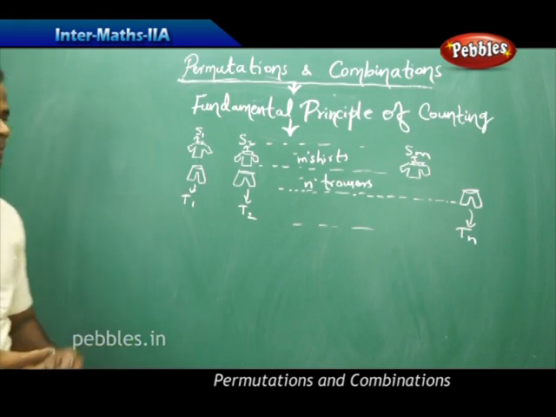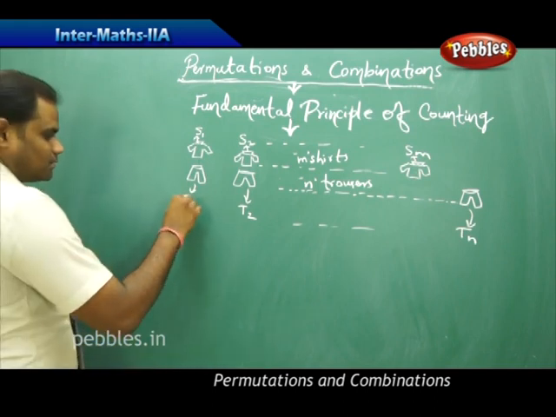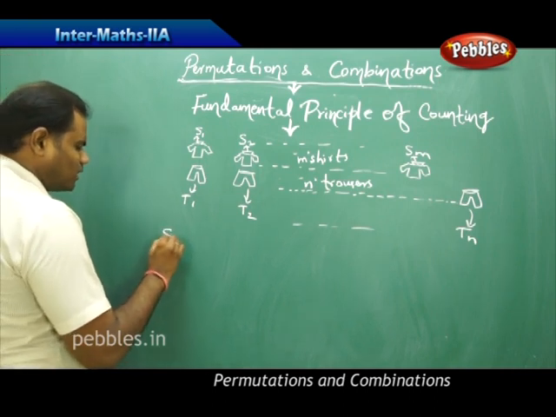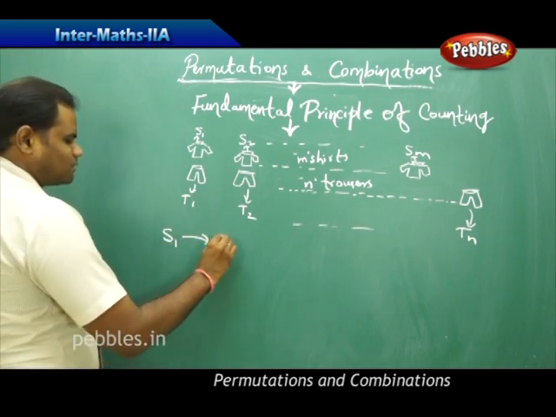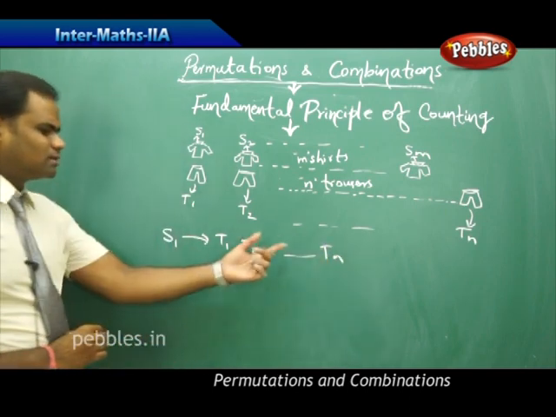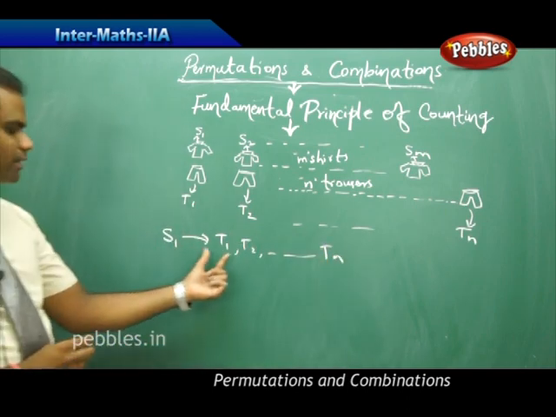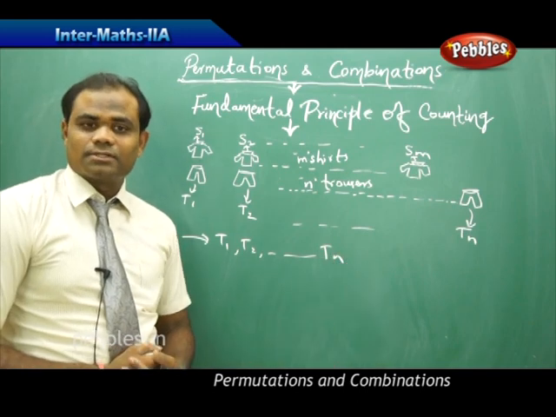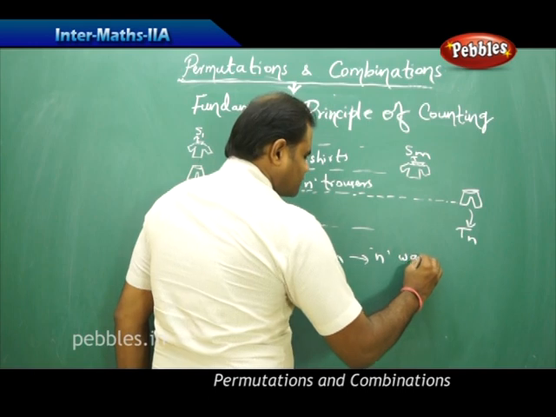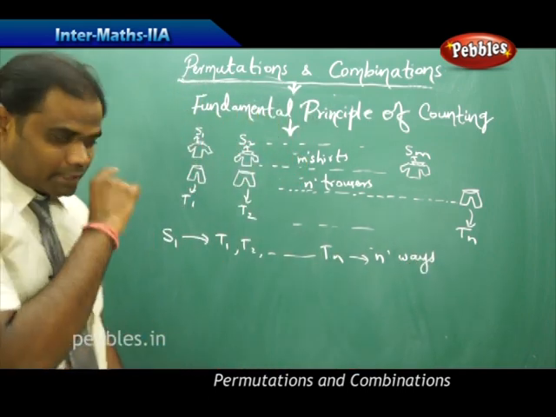Then I see that, as in the previous case of 3 shirts and 3 trousers, my shirt 1 I can connect with N trousers. So each shirt can be worn with N different trousers, so there are N ways through which I can do that.